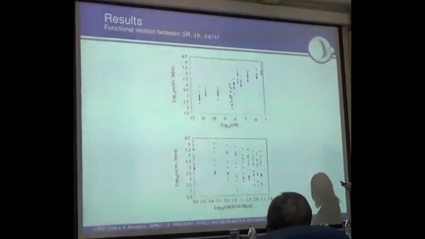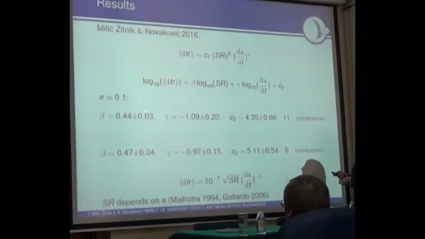We have here increasing of times, and we have here increasing also in the plane of Yarkovsky drift speed and strength of resonance. We have some exponential function that best describes this relation, and we published this equation in this paper. We proposed this equation as the best equation that fits our data in this previous plot.